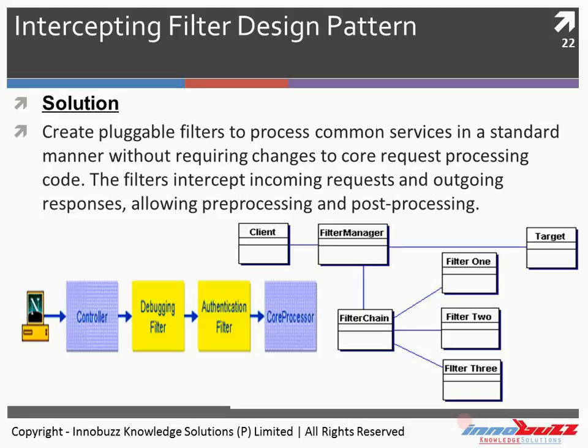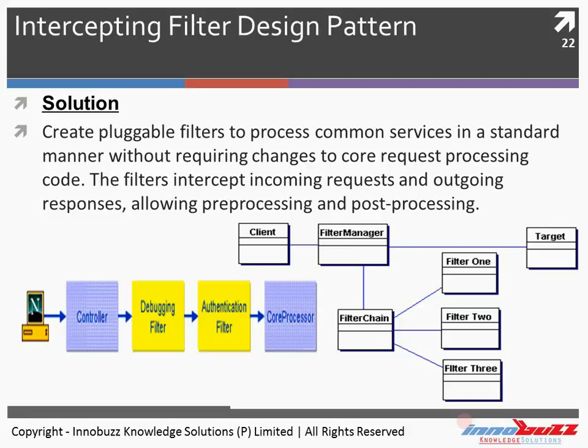The filter chain is always an ordered collection of independent filters. You have filter 1, filter 2, filter 3. These are all individual filters that are mapped to a target. The target is the resource requested by the client. Before reaching the target, you need to perform all these filter operations on the client request.